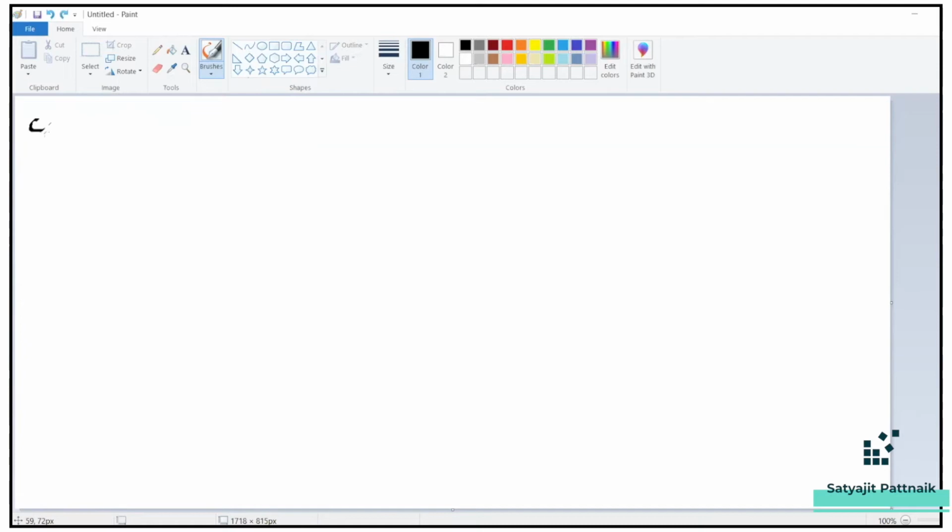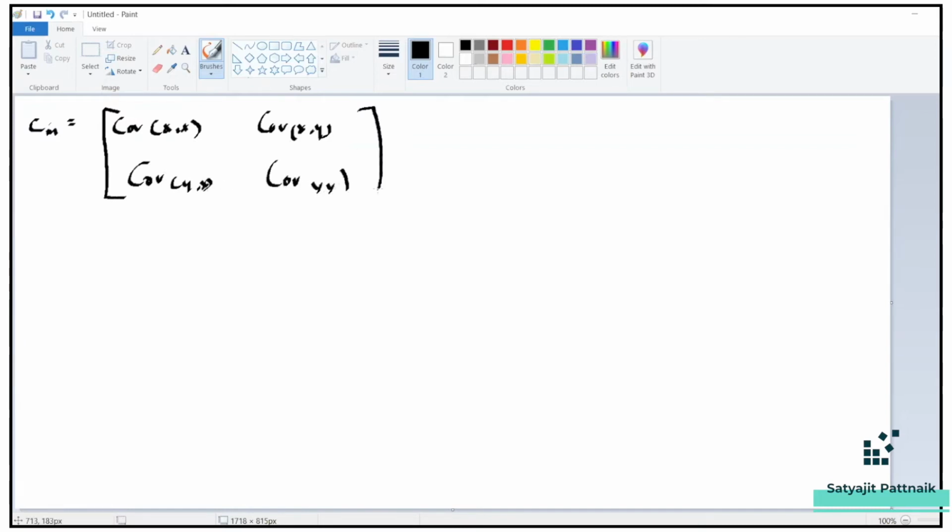I'll call it C, or CM. Now the covariance matrix is nothing but the covariance of XX, covariance of XY, covariance of YX, and covariance of YY. This is my entire covariance matrix. Now what is the formula of covariance?